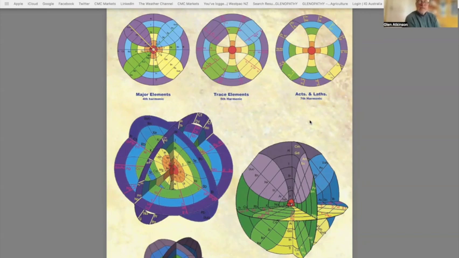And some leading thoughts for me were that the major elements would be a prime vertical, because in a sense the prime vertical has to organize first. And then when we come to the trace elements, these are all the elements that are involved in biochemistry.